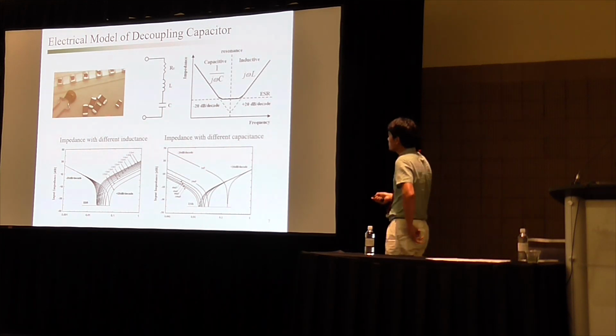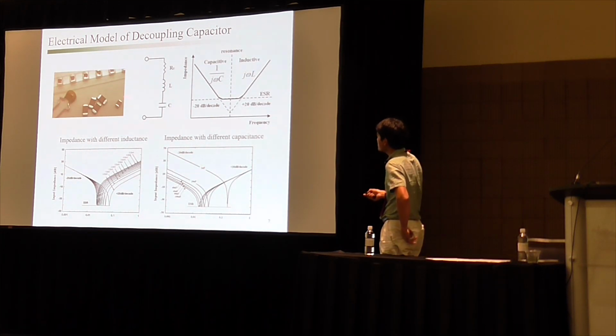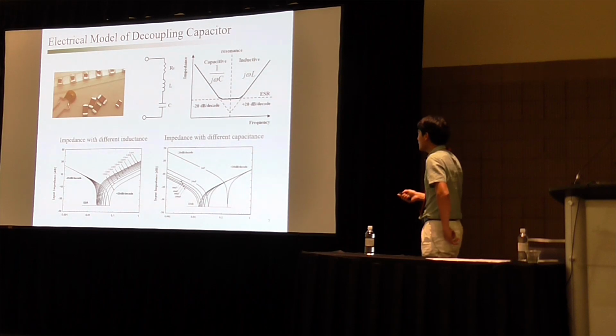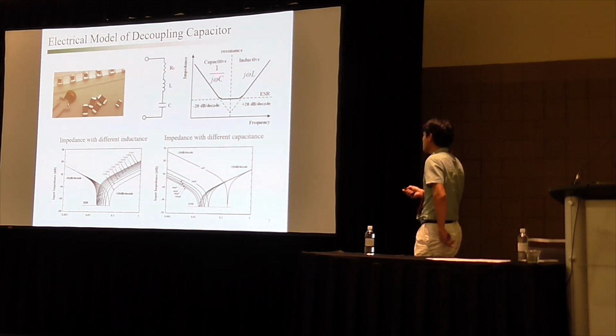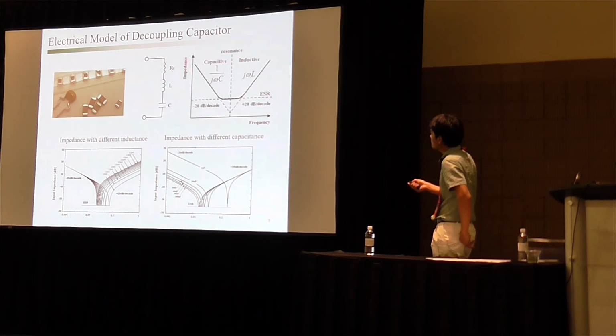So here we need to understand these decoupling capacitors. Usually it can be represented as an LRC series circuit. And then we know that impedance of capacitor is 1 over j omega C, and impedance of inductor is j omega L. So we have this log-log scale.